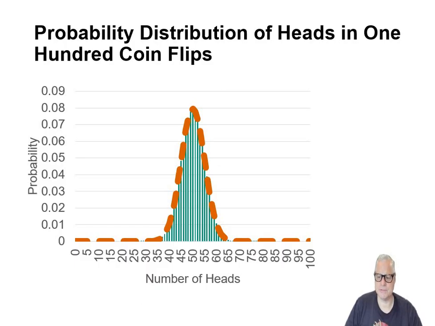So in other words, if I flip a coin 100 times, but I do that 1,000,000 times, the most likely outcome that I will get is 50 heads. But it could be that I get 60, 70, 80 heads. Theoretically, you could get even 100 heads.